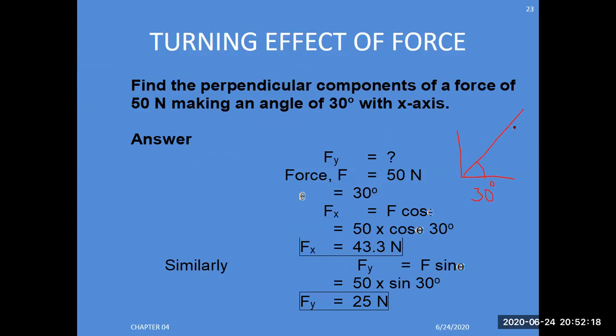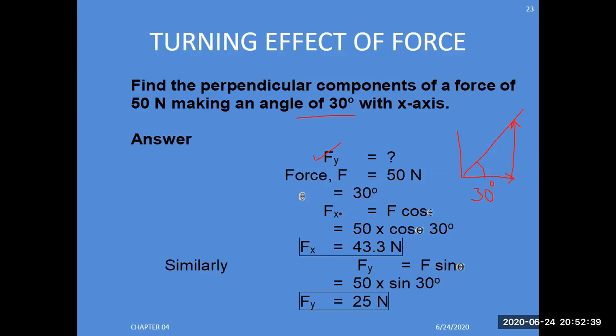If you draw a perpendicular from this point, this component is the Fx component, this component is the Fy component. The Fy component is already done here.